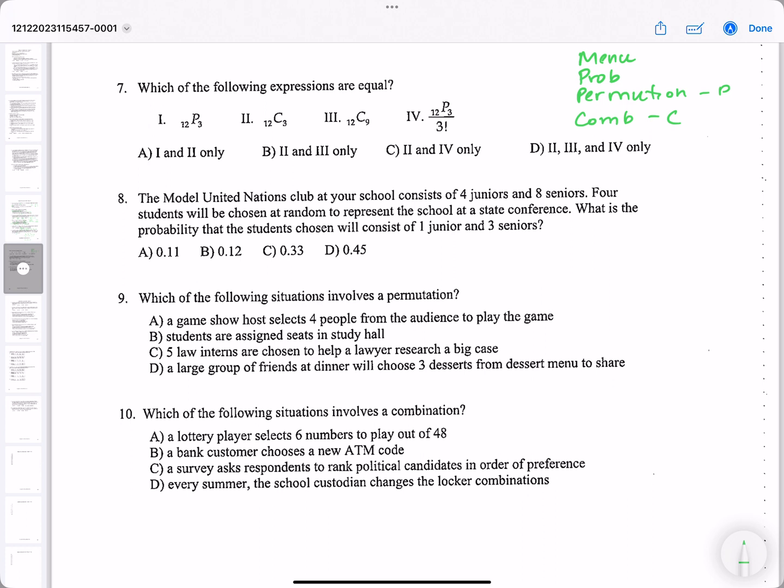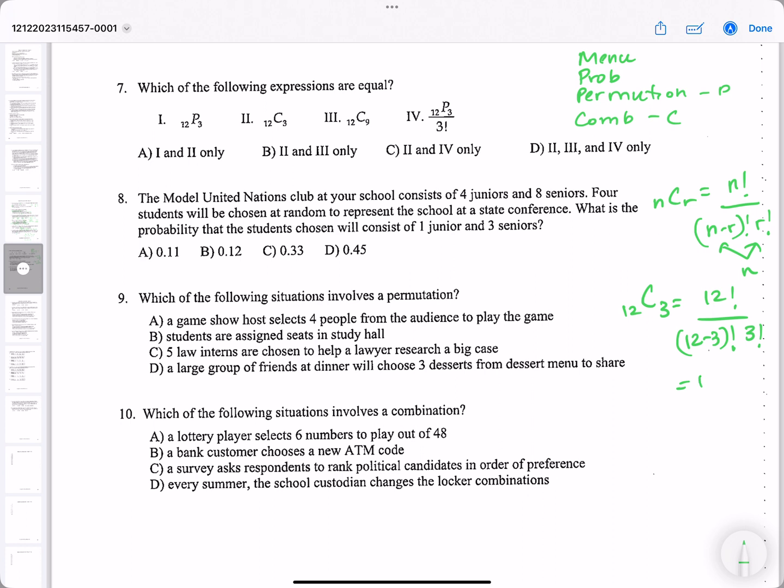For the C, nCr is n factorial over n minus r factorial, and then r factorial. If you notice, those two add together to be n. So for instance, if I had 12 choose 3, that's going to be 12 factorial over 12 minus 3 factorial, and then 3 factorial.